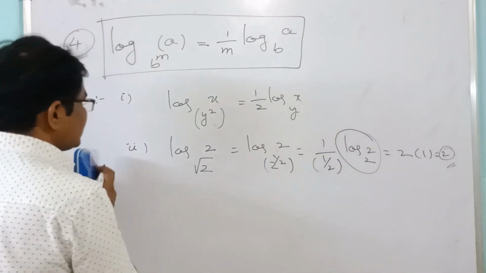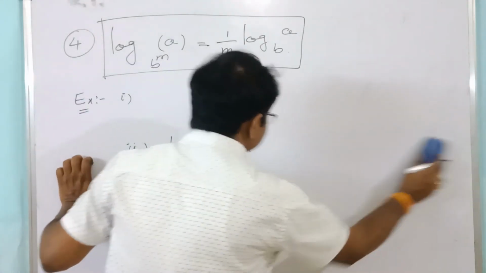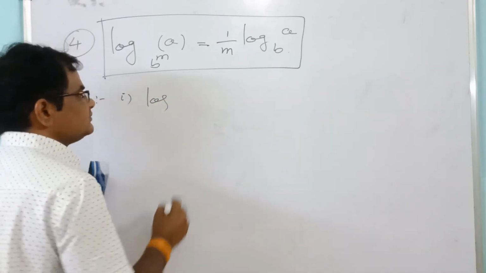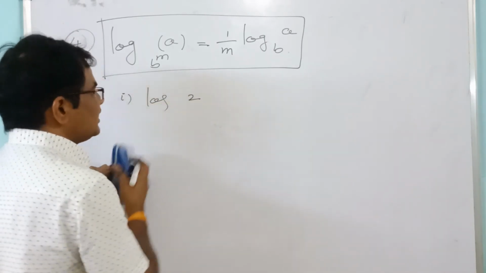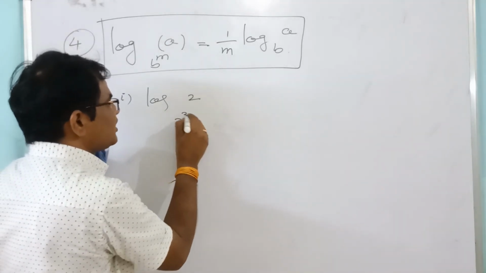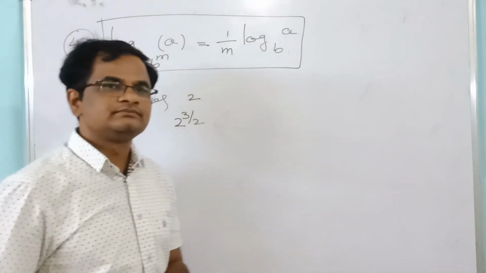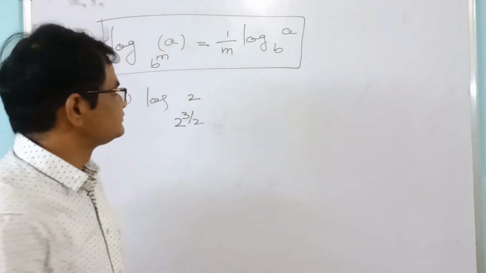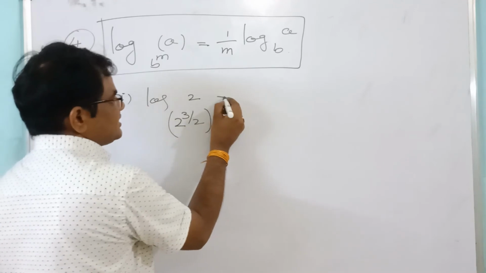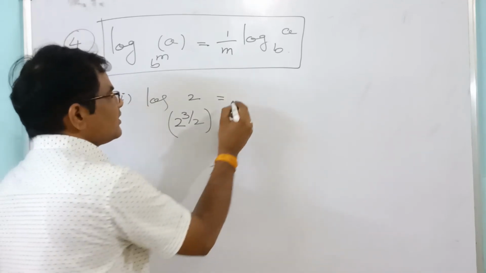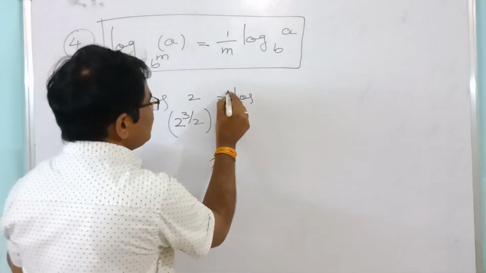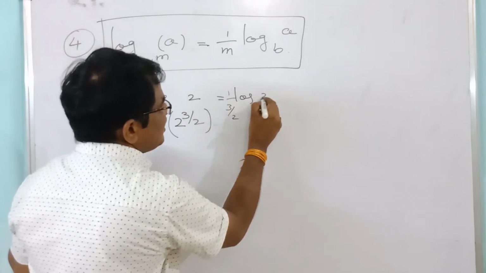Suppose they given like this: log of 2 to the power of 3 by 2. What we have to take? So here power is for base, that can be written as 1 by 3 by 2 log 2 base 2.